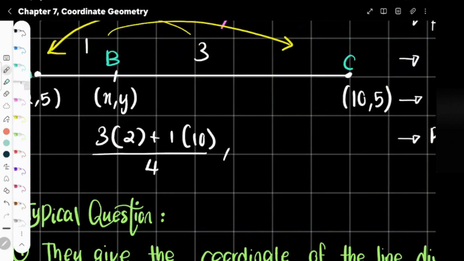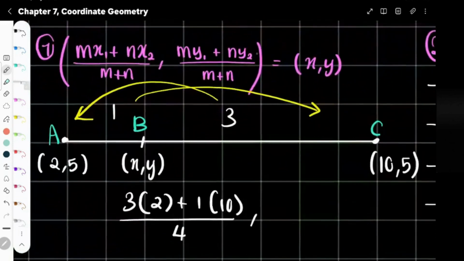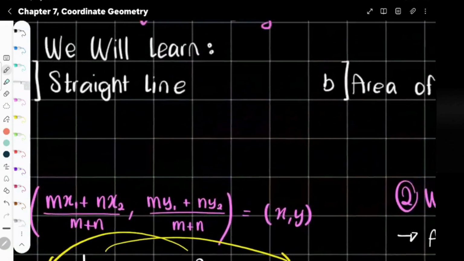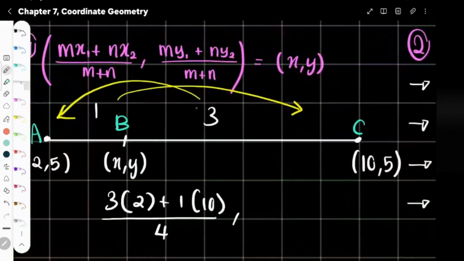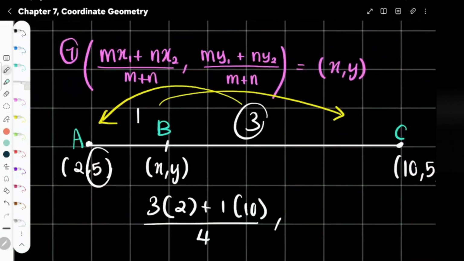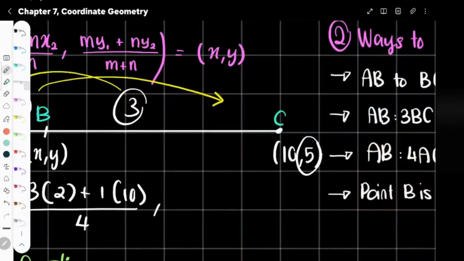And then comma. Now the right side is the y coordinate for the middle part. So for this one, just do the same thing. This times y now, one by one. This times y, and then this times the other y.